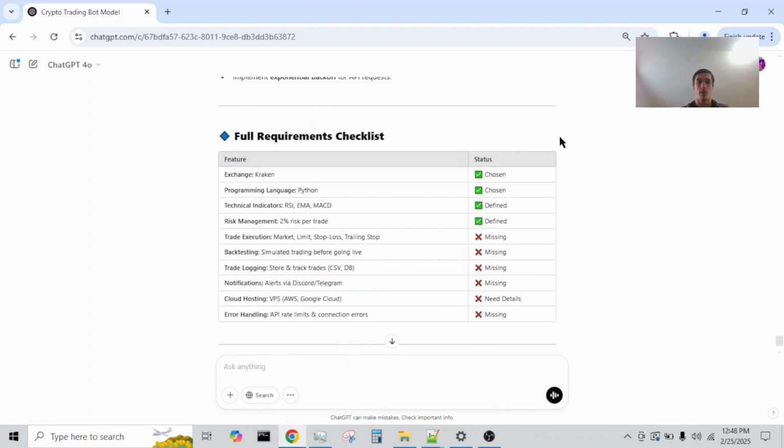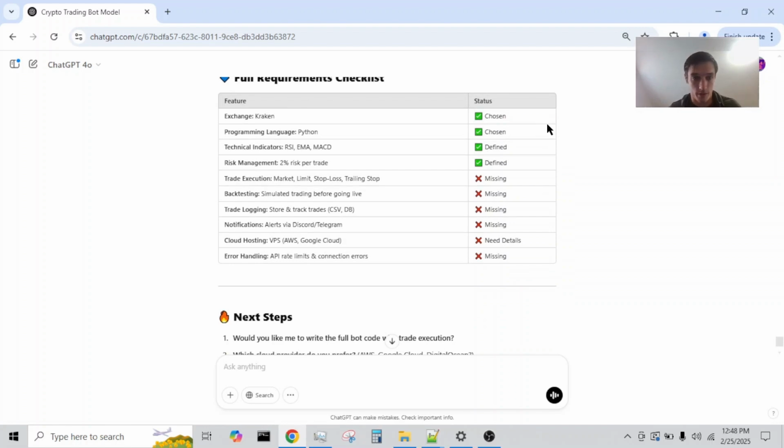Okay, so this is our checklist. We are missing a few things. So, right here, the trade execution will be a market order.